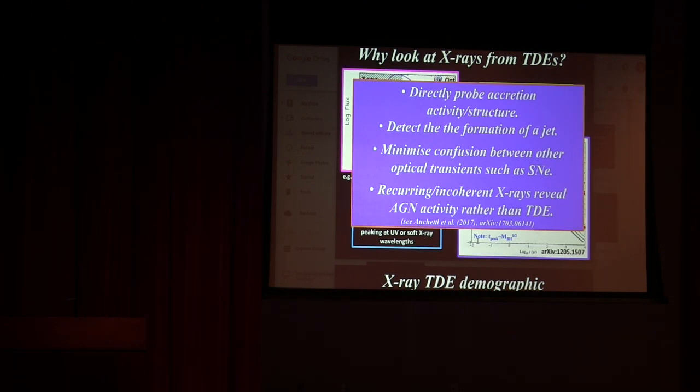In addition, we can detect the formation and evolution of a jet, which is powered by the sudden accretion episode, which you can't really do in other wavelengths, except maybe radio.